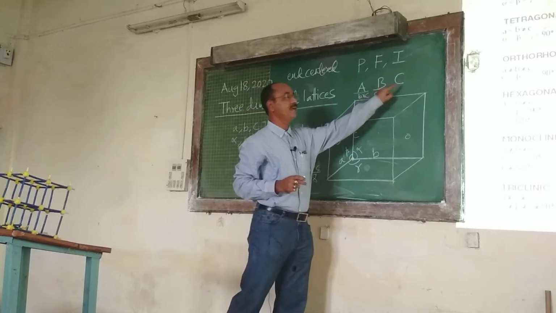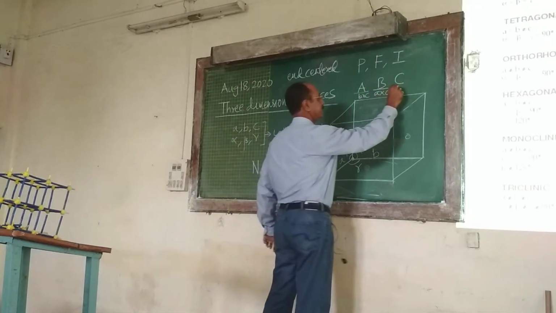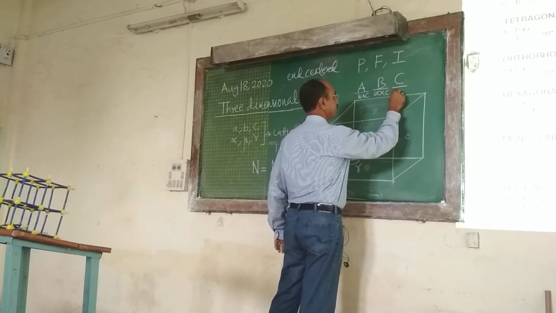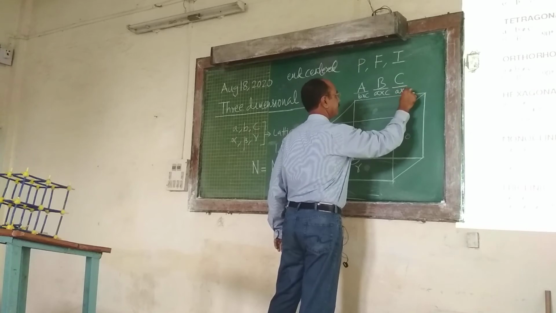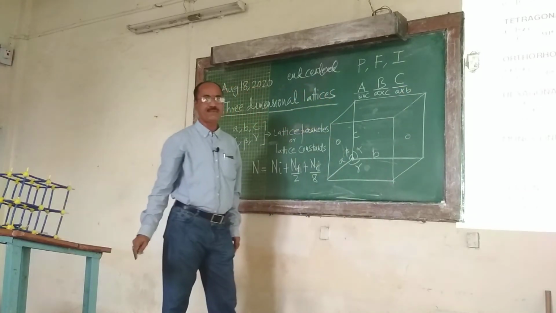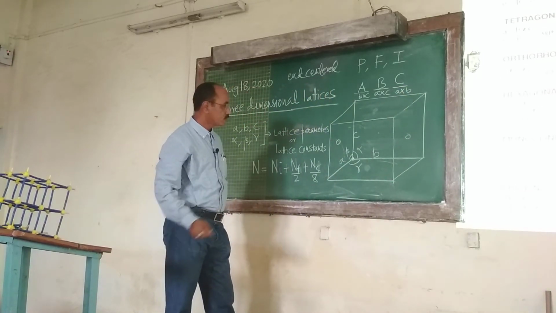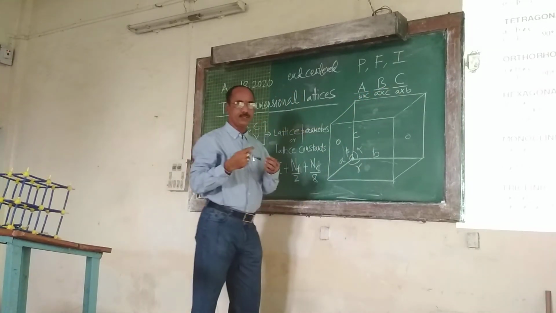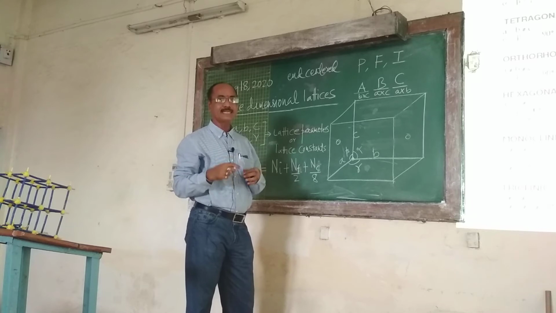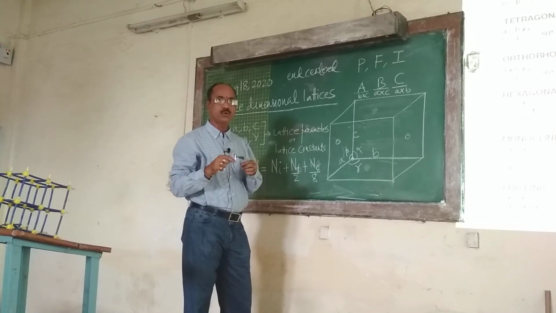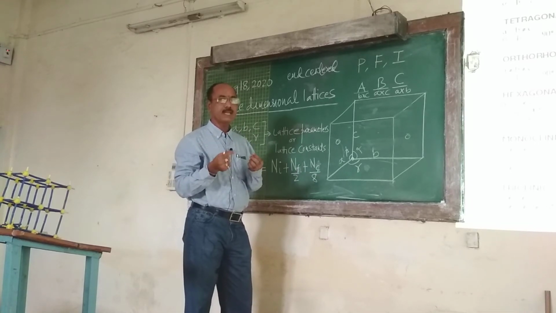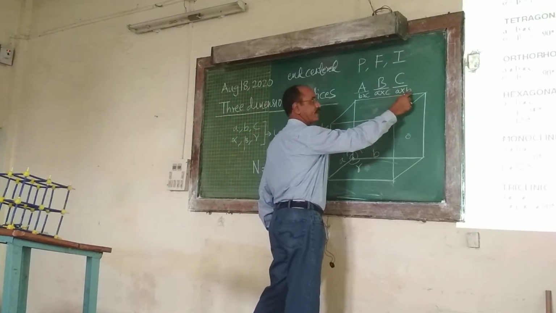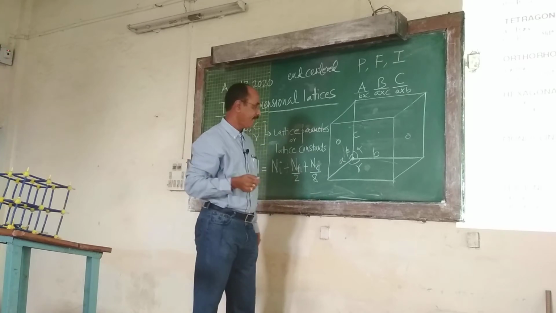Then C type of end-centered unit cell has lattice points at the 2 opposite faces defined by the crystallographic axes A and B.